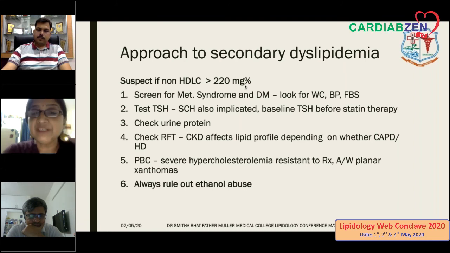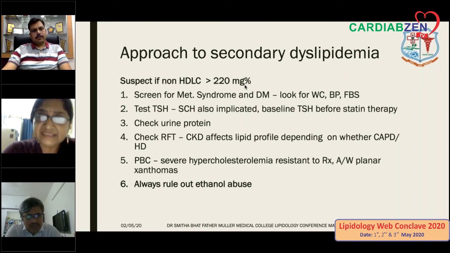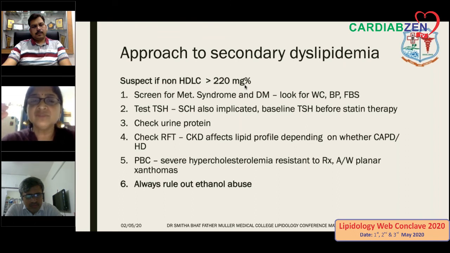You would screen for metabolic syndrome and diabetes. You'd look at the waist circumference, the blood pressure, and check the sugars. You will take a history and test the TSH. Please remember that subclinical hypothyroidism has been implicated in secondary dyslipidemia, but the results of treating that are not very clear.